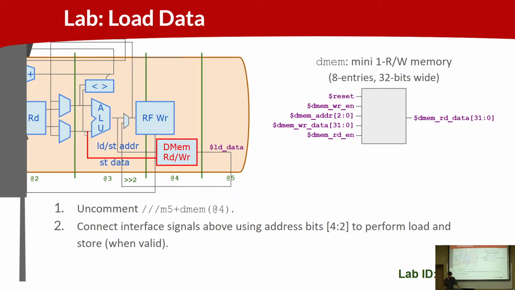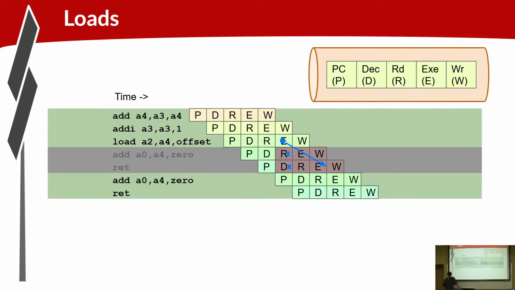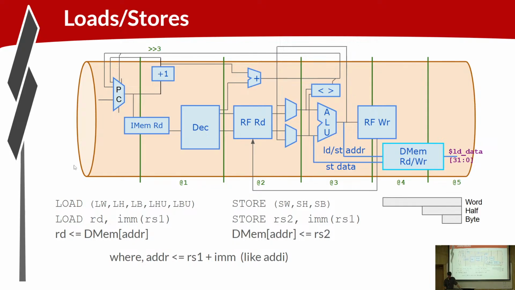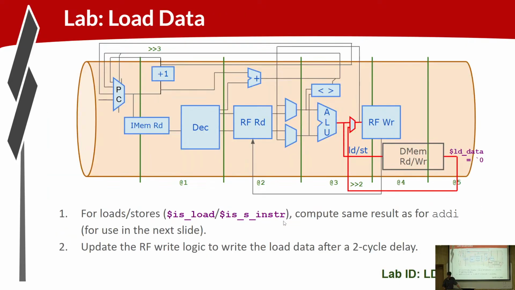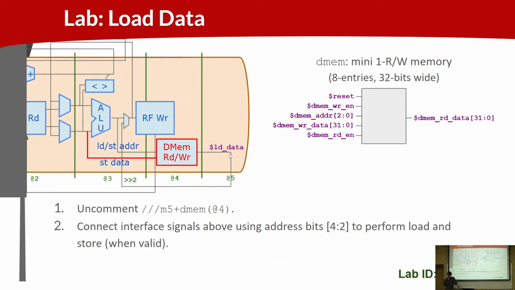And the store data is coming from source register 2. Just looking at the definition of the store instruction, I don't know if I had that in the slide. So the store instruction has a source operand RS2 that provides the data that you're going to write. So the store data is coming from here.